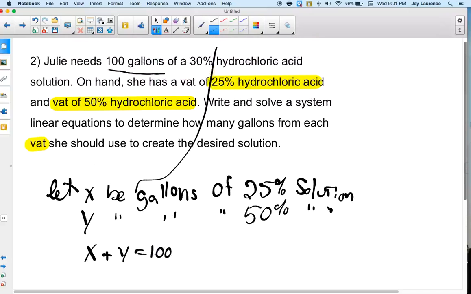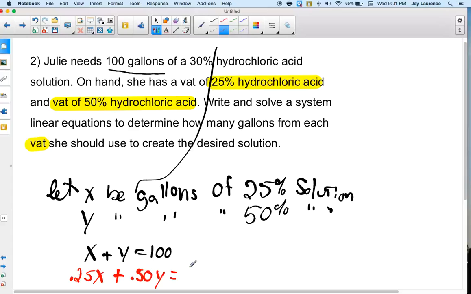Now, this part is just like the coin problem too, except for one change I mentioned. I'm going to take the 25% hydrochloric acid, so 25 hundredths, times the gallons of that solution. Well, that would be X. I'm going to add the 50% solution to it. How many gallons are there? There's Y gallons of that. That has to equal, and this is where it's different than the coin problem. In the coin problem, I had a set value of money.